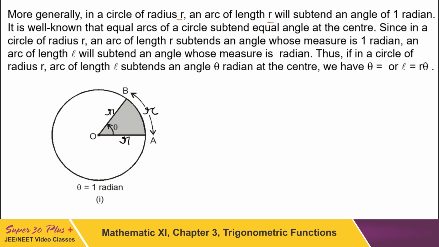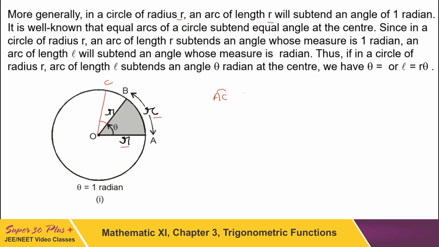This is the figure. In this circle of radius r, an arc of length r subtends an angle that is 1 radian. It is well known that equal arcs of a circle subtend equal angles at the center. Since in a circle of radius r, an arc of length r subtends an angle whose measure is 1 radian, let arc AC have length L. The arc length is proportional to the angle, and let this angle be theta.